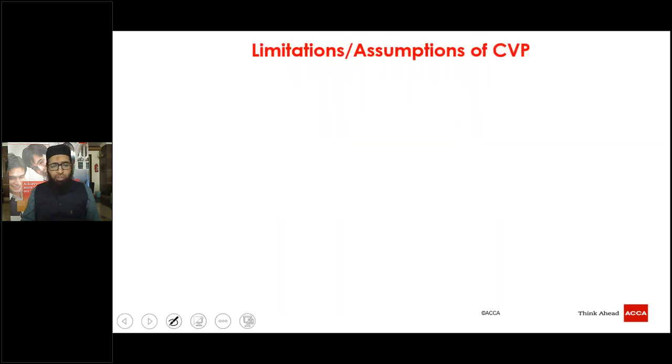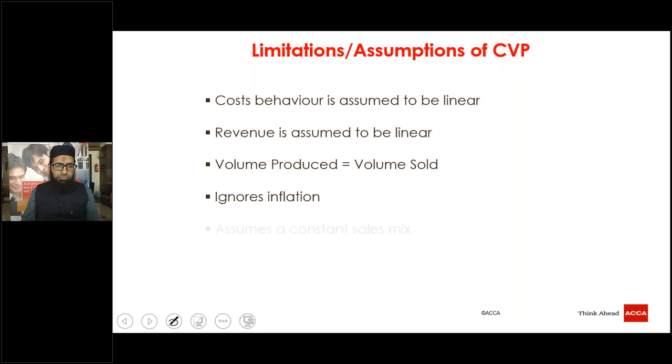But all of this topic is based on certain assumptions, and these are the assumptions. First, cost behavior is assumed to be linear.